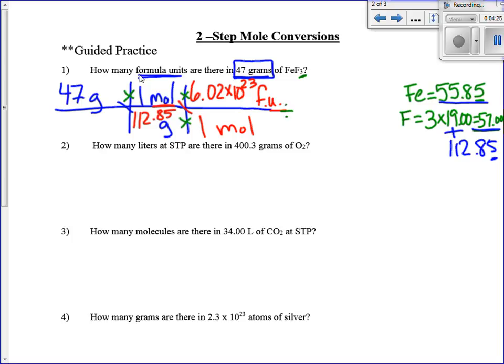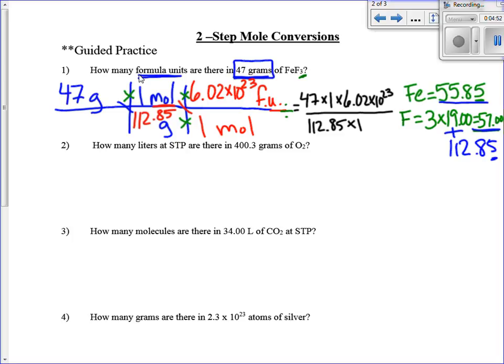So technically what this represents would be 47 times 1 times 6.02 times 10 to the 23rd up top, divided by 112.85 times 1 on the bottom. Now you can take the ones out because obviously they're not going to do a whole lot.